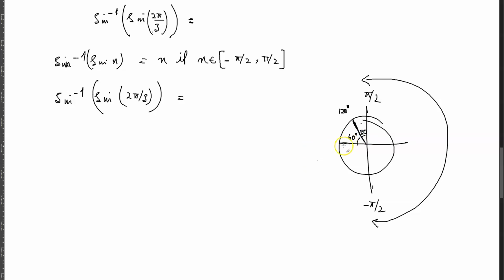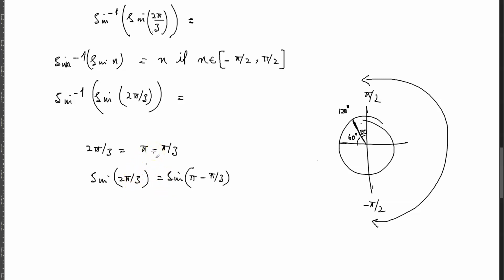That means that this 2 pi by 3, you can write it as basically pi minus pi by 3, right? And so if I have the sine of 2 pi by 3, I can write it as pi minus pi by 3, and then I can write sine over here.